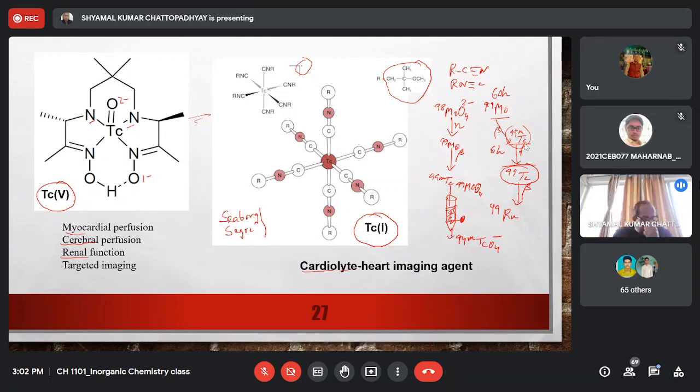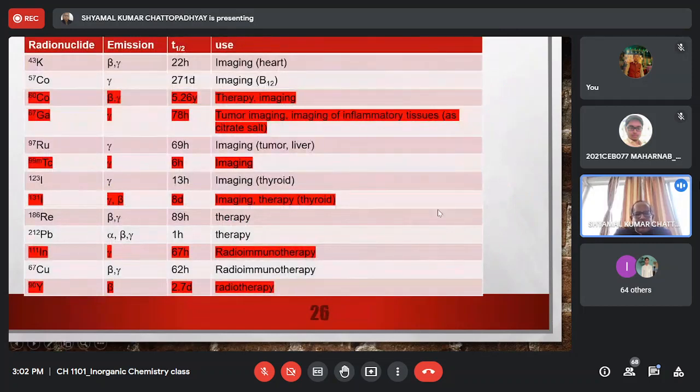Okay. Now, sometimes, obviously, when you give a radiopharmaceutical to a particular person for treatment, there is a chance of indiscriminate distribution of the radiopharmaceutical to various parts of the body. That means, apart from the targeted organ, it may go to other organs also, and that's why nowadays so-called radioimmunotherapy is coming into play.